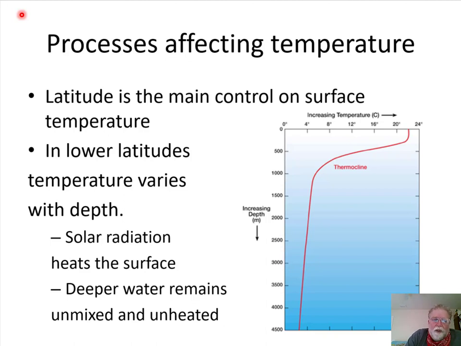Because as you go further south, you get more direct sunlight, and that generates more heat. As you go further north, you get less sunlight, and that generates less heat. The fact that the sun is lower in the sky at noon the further north you go is why it gets colder up there.